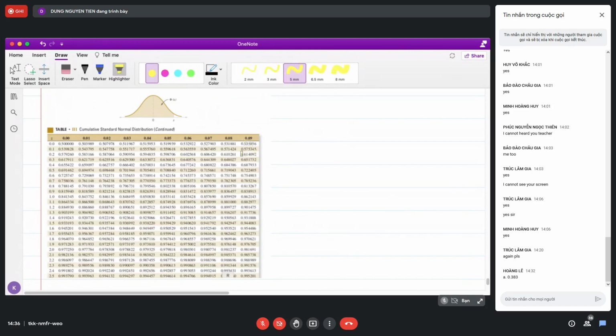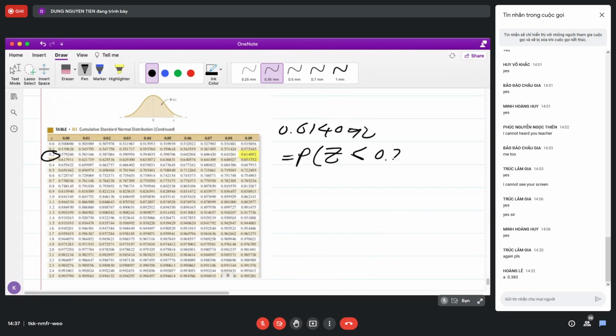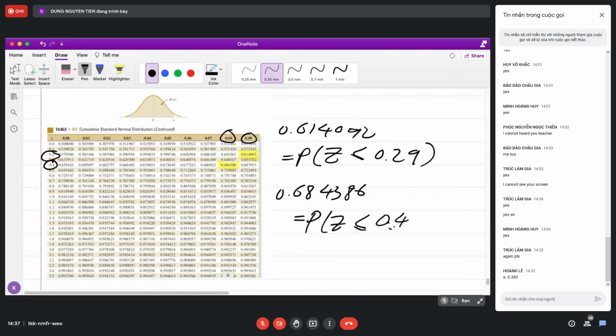Let's consider this value: 0.614092 is simply the probability that Z is less than 0.29. Or this value, 0.684386, is the probability that Z is less than or equal to 0.48.